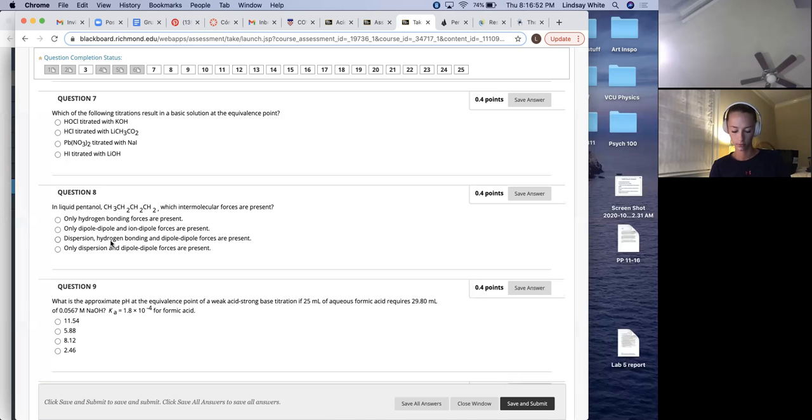So usually first column of the periodic table are very strong. So it would be potassium. Potassium is a very strong base. Okay.